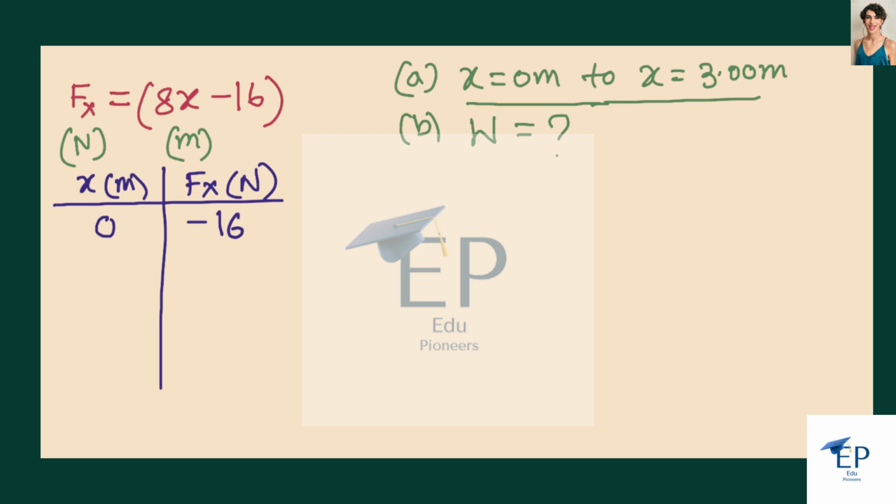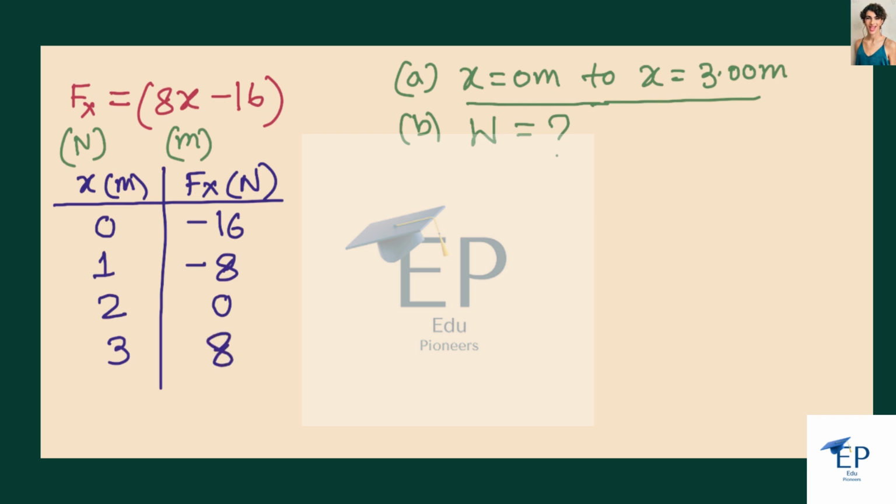When x equal to 1 meter, Fx is minus 8 Newton. When x equal to 2 meter, Fx equal to 0 Newton. And when x equal to 3 meter, Fx is equal to 8 Newton.